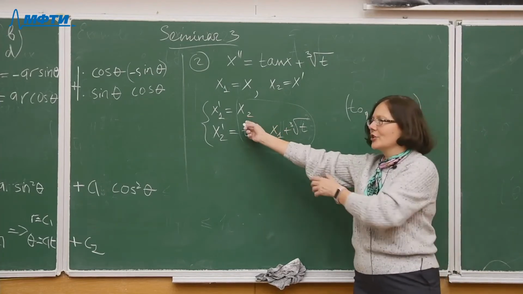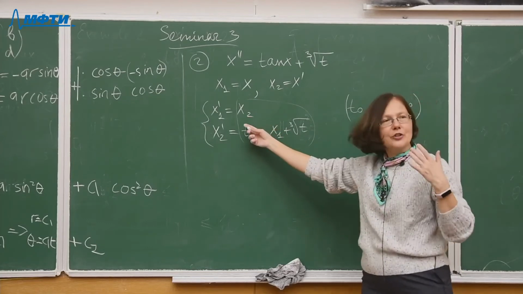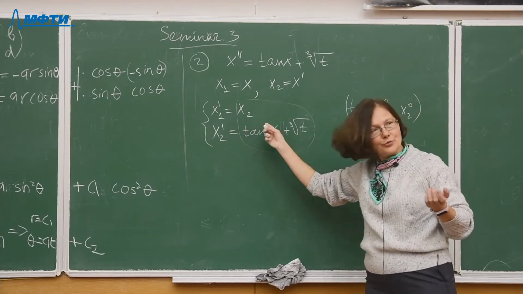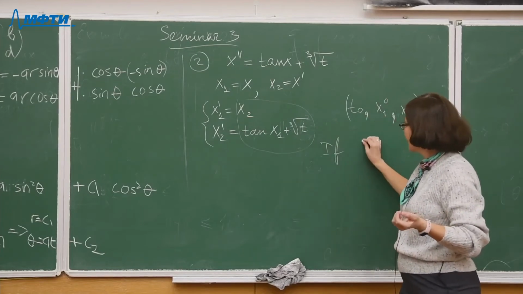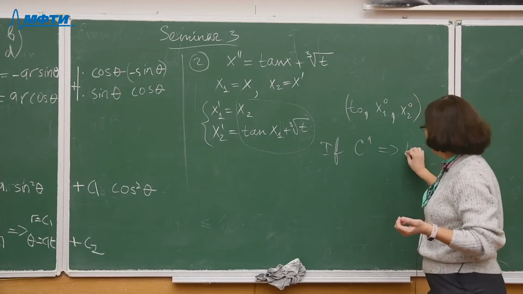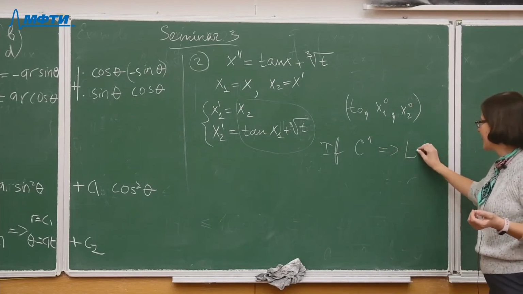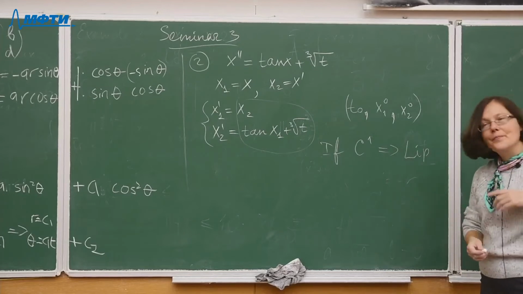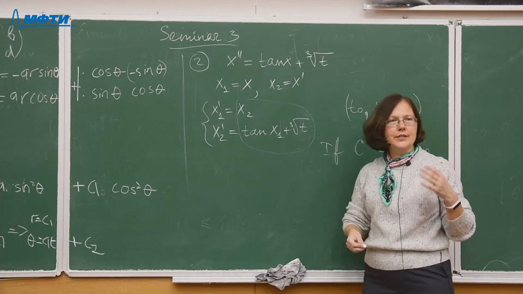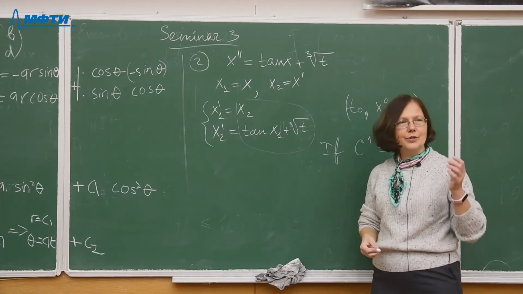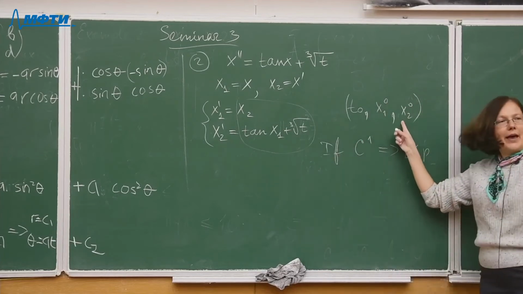Okay, the function has a continuous partial derivative with respect to x2. So we know that if our function is C1, then it is locally Lipschitz. So the partial derivative with respect to x2 exists and is continuous, so it's okay with x2. x20 can be arbitrary.